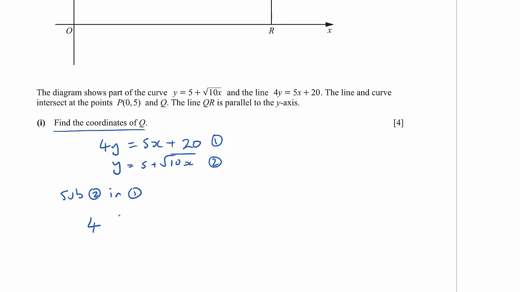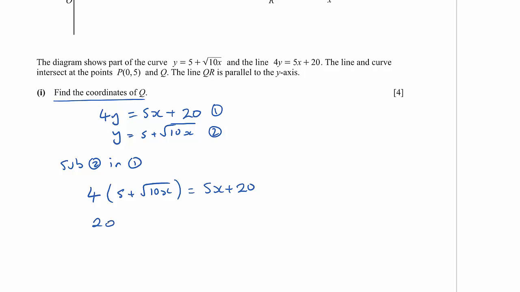So 4y becomes 4 times (5 plus root 10x), and that's going to be equal to 5x plus 20. So we have 20 plus 4 root 10x equals 5x plus 20, which is quite nice.